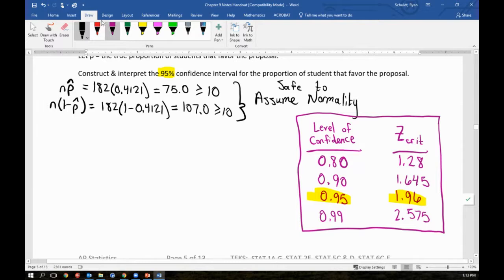So as a reminder from yesterday, our confidence interval is p hat plus or minus. And yesterday we did a specific interval. I'm going to get us in the hang of generalizing it.